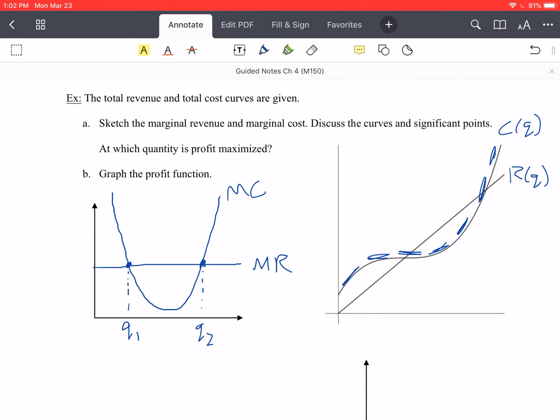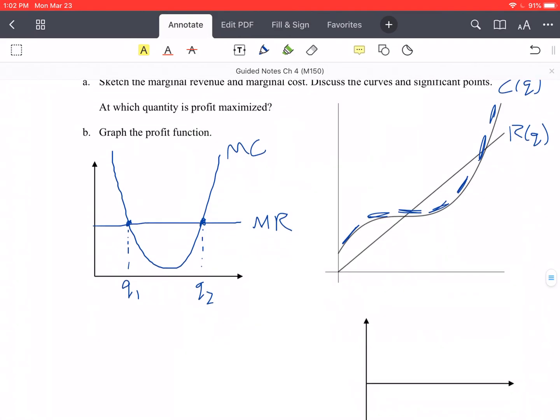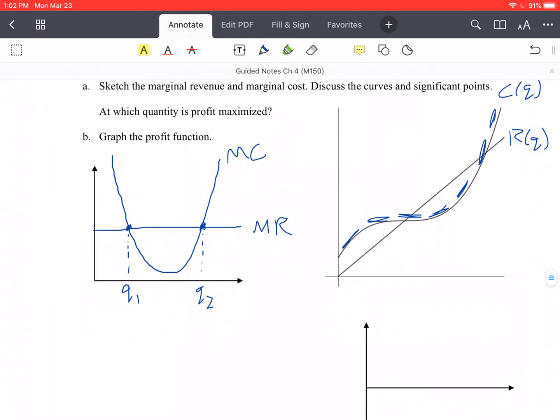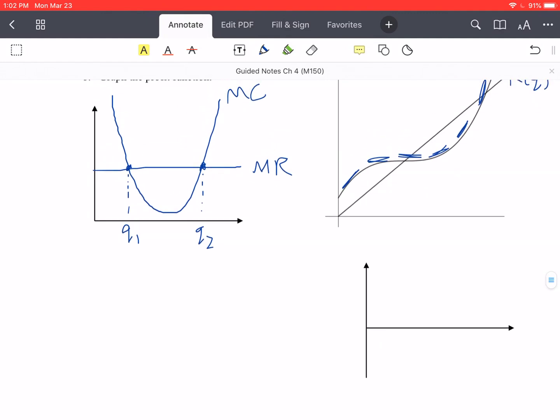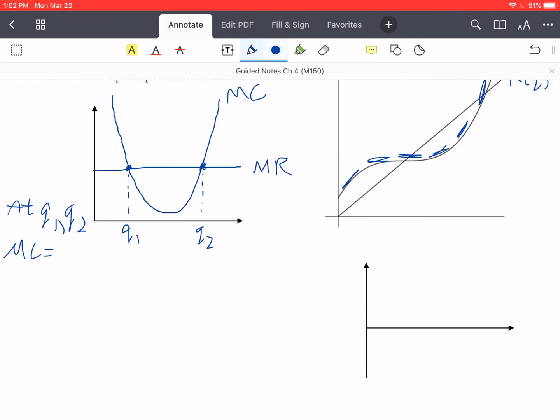So let's look at what's really happening at Q1 and Q2. Okay, so we're going to discuss these significant points and determine where our profit is maximized. So on this curve here, at Q1 and Q2, marginal cost equals marginal revenue. So that tells us these are the critical points, right, on the original graph.